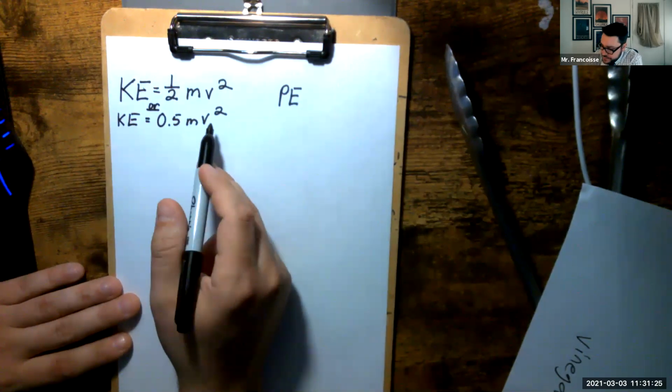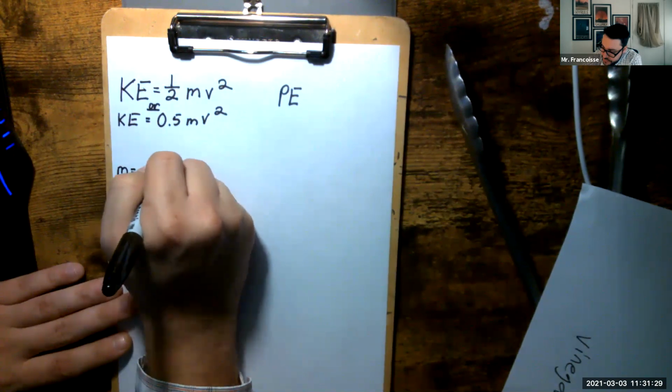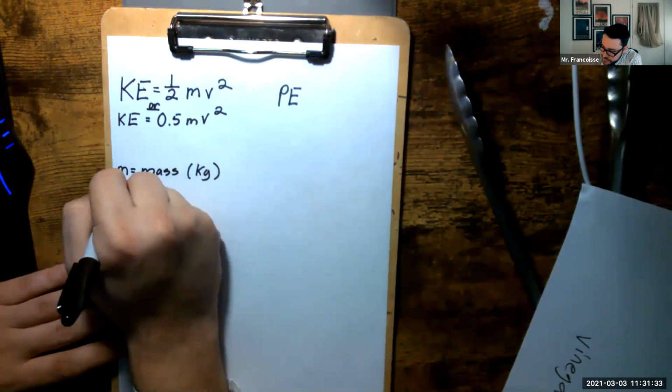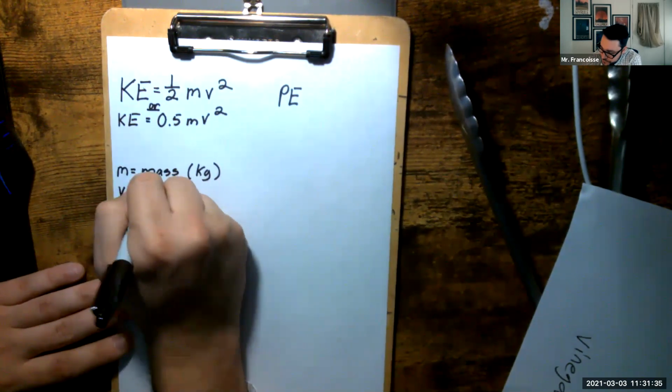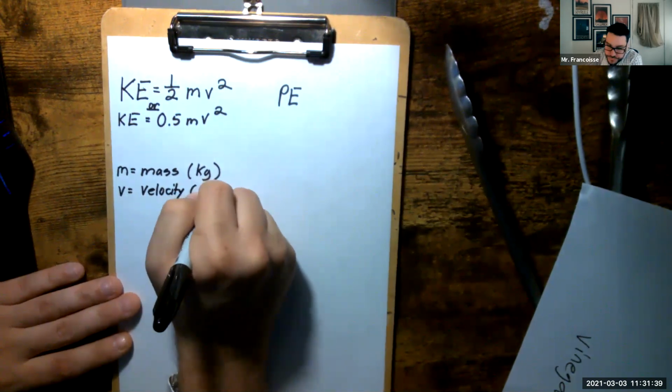And we've seen these values before. M is going to be our mass in kilograms, and V is going to be our velocity in meters per second.